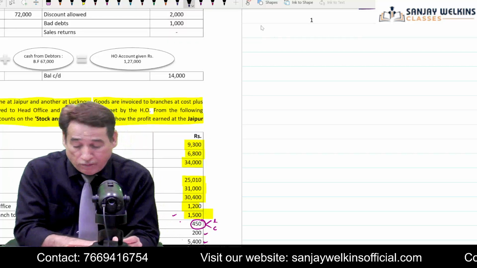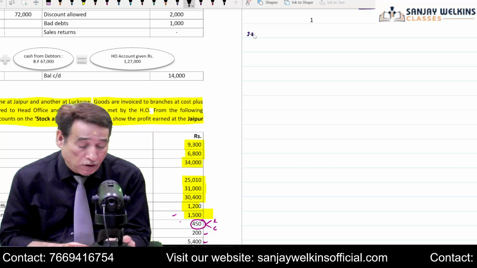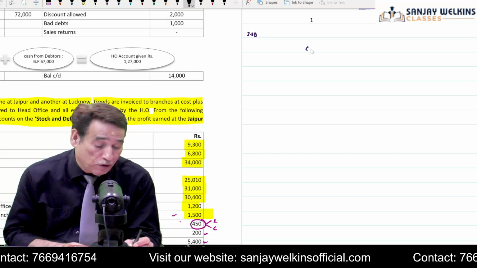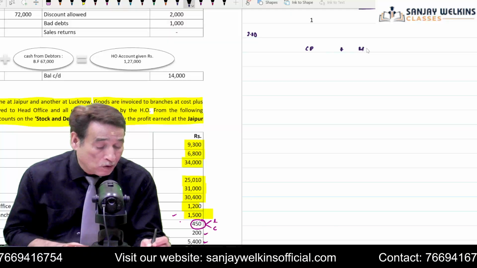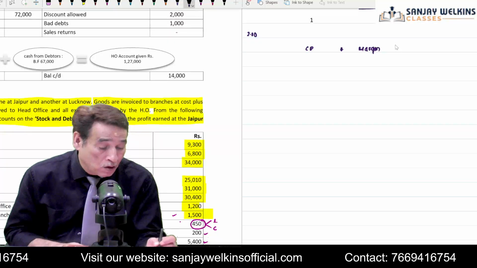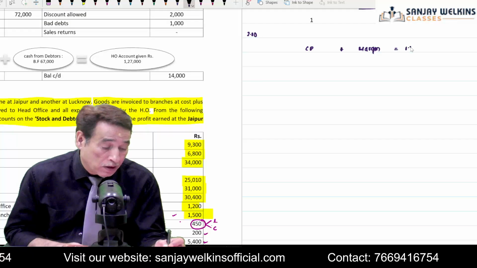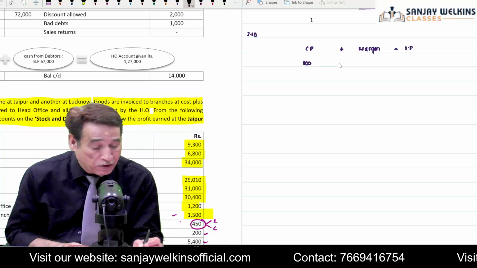But before we attempt this question, 2.10. Here in this question, first of all, cost price plus margin is equal to invoice price. Now the rate is given on cost, so obviously you will consider cost as 100.